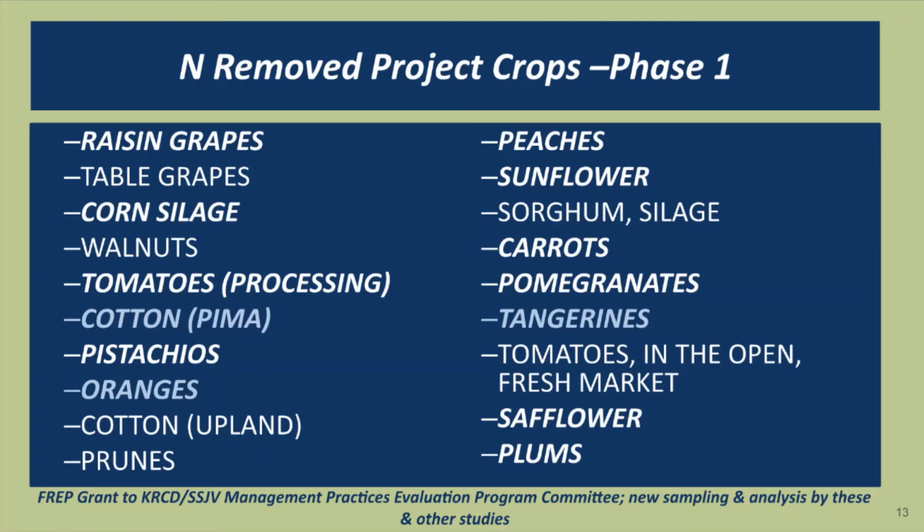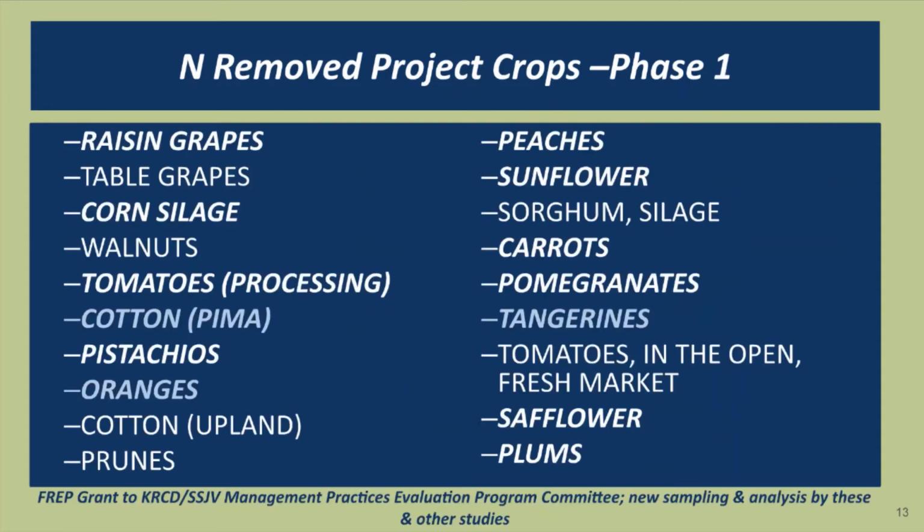In some cases, for instance, Pima cotton and upland cotton, there's some work ongoing by Bob Hutmacher, and that's separately funded, but we'll be using those results too. We always like it when somebody else does our work for us. That's the easiest way to get things done. And all the crops have been sampled. We've worked with various producers and processors.